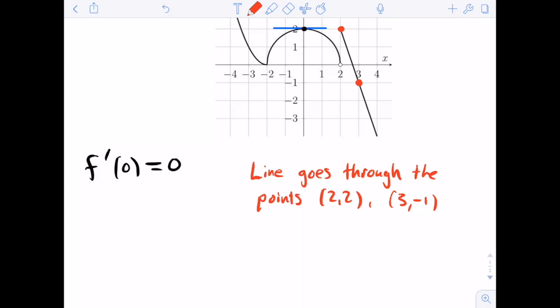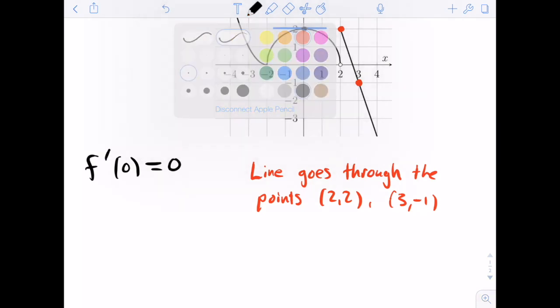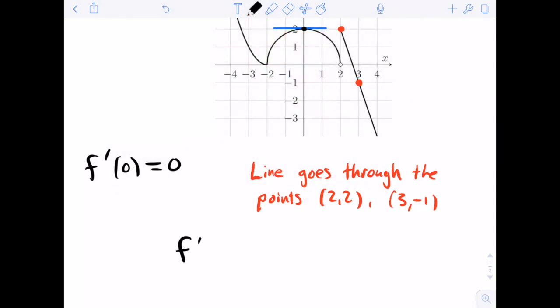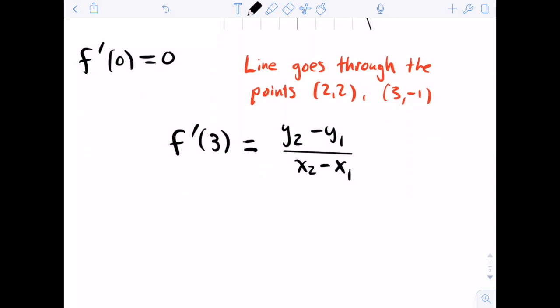Okay, so we know from the slope formula, which is on the formula sheet, by the way, that the derivative at 3 is going to be y2 minus y1 over x2 minus x1. It doesn't matter what we pick the x1, y1, and x2, y2 to be, as long as we're consistent in the way that we're subtracting.